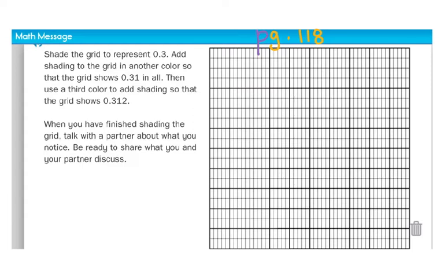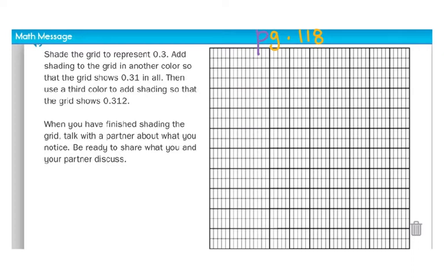Add shading to the grid in another color so that the grid shows 31/100 in all. Then use a third color to add shading so that the grid shows 312/1000ths. So go ahead and grab yourself some markers, crayons, or colored pencils. Stop the video or press pause while you do that. You can use pen, and marker, and pencil.